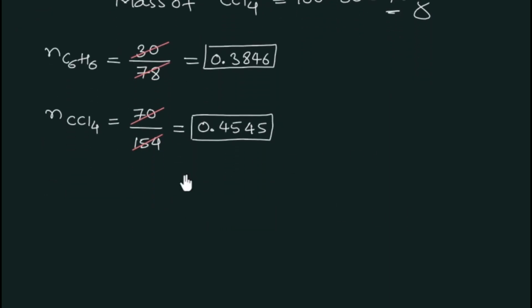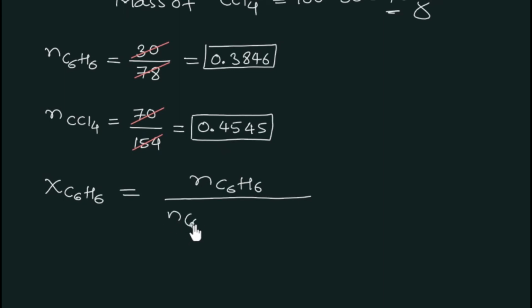Now the thing becomes very easy. The mole fraction of C6H6 is equal to the number of moles of C6H6 divided by the number of moles of all the components present in the solution, that is the number of moles of C6H6 plus the number of moles of CCl4.